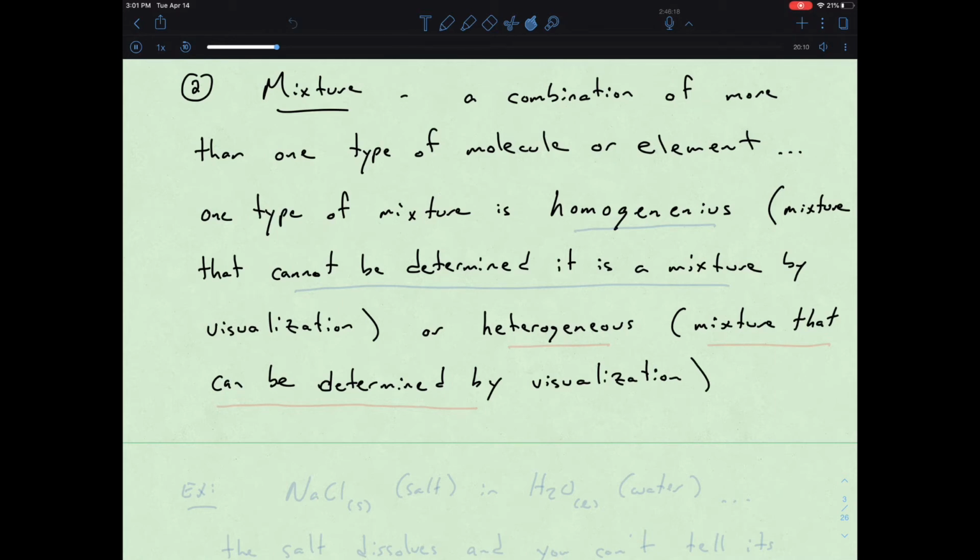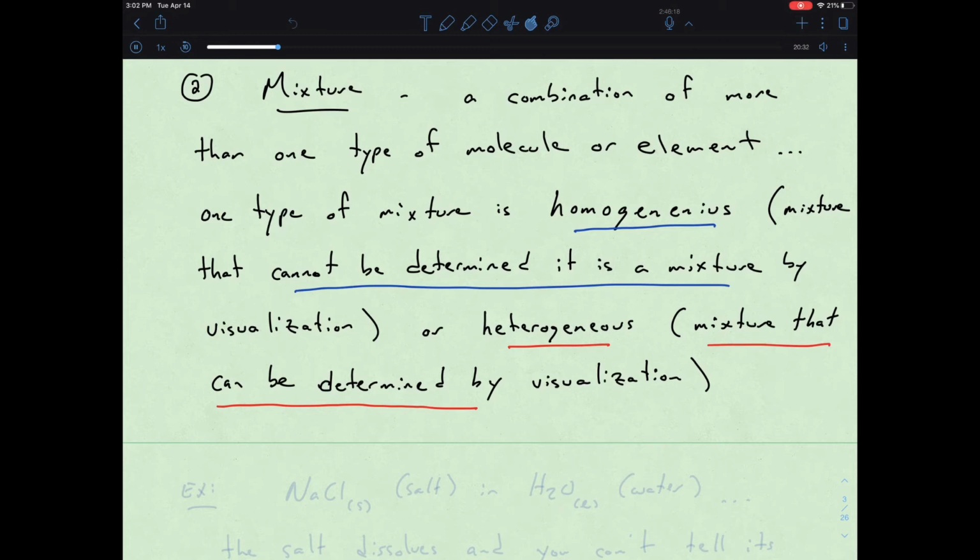So you have two different terms. Homogeneous, basically, the idea is it cannot be determined it's a mixture, and that's just by plain eyesight. With heterogeneous, this can be determined as far as being a mixture.